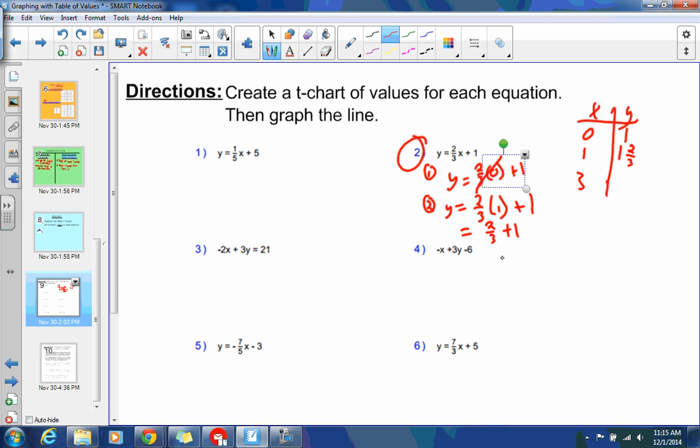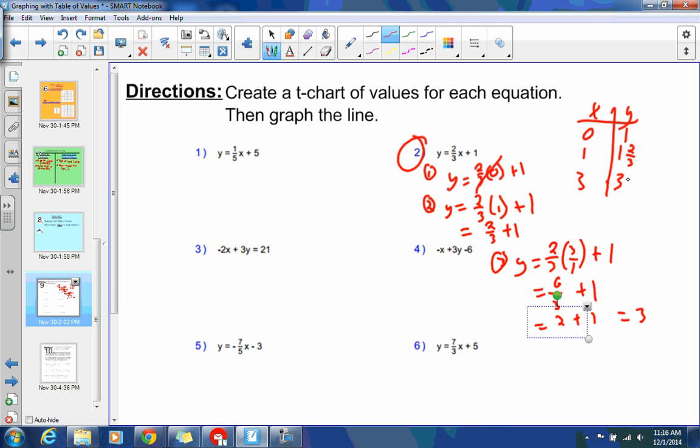Then let's do the third one. y equals 2 over 3 times 3 over 1 plus 1. That equals 2 times 3 is 6, 3 times 1 is 3, plus 1. Divide that out, you get 2 plus 1, which equals 3. So 2 of them ended up being whole numbers.